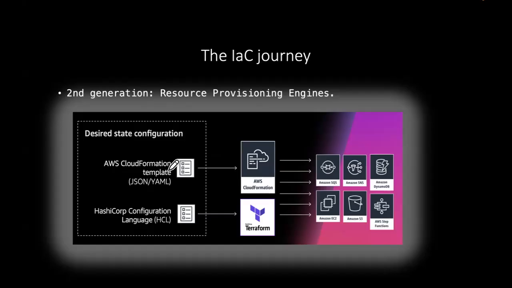Mainly YAML, I think, is what people use. This represents a declaration of the infrastructure that we want to have created, and all of the configuration settings for each resource within that infrastructure.